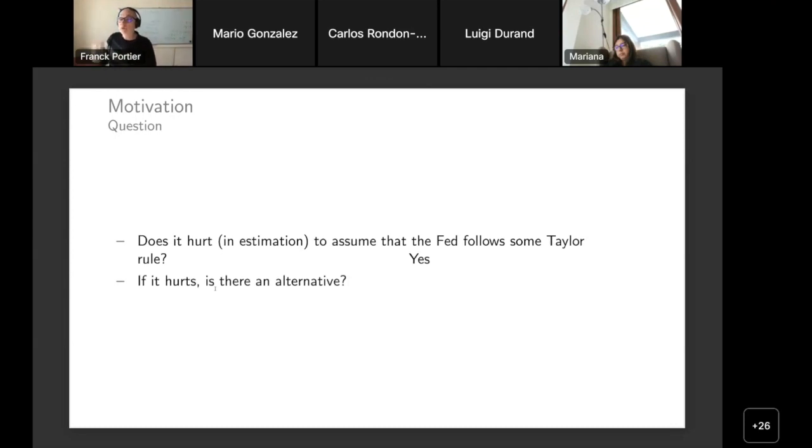Is there a way to be agnostic about what the central bank is doing in estimating a model? And we'll say yes, there's a way to solve that problem. Most of the paper will be devoted to showing you what the problem is, showing you that the problem matters in practice, and then showing you how we can circumvent that problem.